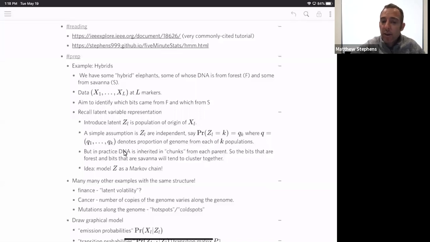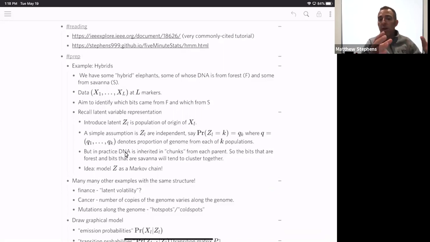But in practice, the way that DNA is inherited is in chunks from each parent. So for an elephant that's got some ancestry from forest elephants and some ancestry from savanna elephants, the bits that are from forest will occur in chunks along the genome. They won't be independent at the different markers.